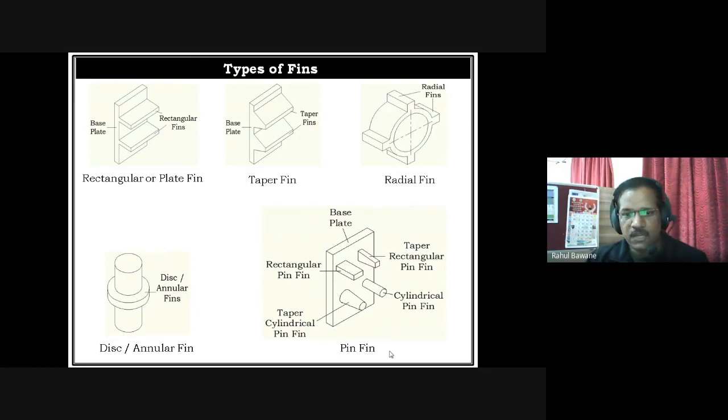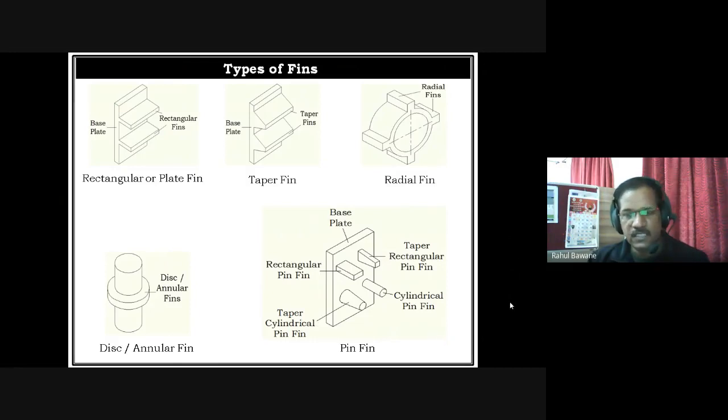But in the case of pin fins, it has just a pin structure of different cross sections attached to the base plate, and nowhere is it acquiring the width or its height. So it is simply a pin. There are taper cylindrical pins, simple cylindrical pins, rectangular pins, or taper rectangular pins. So these are the various types of fins.